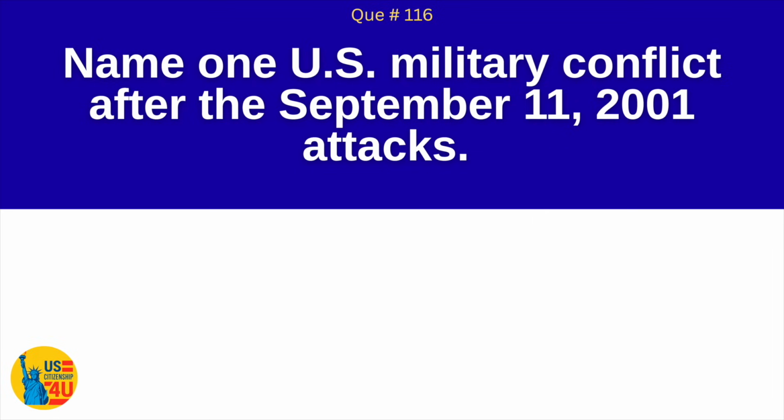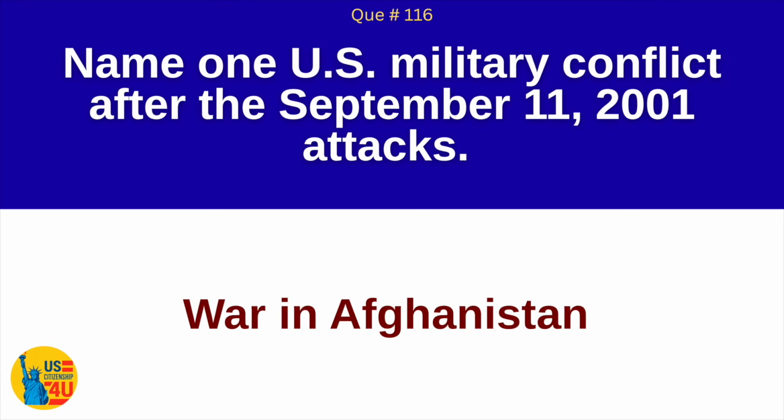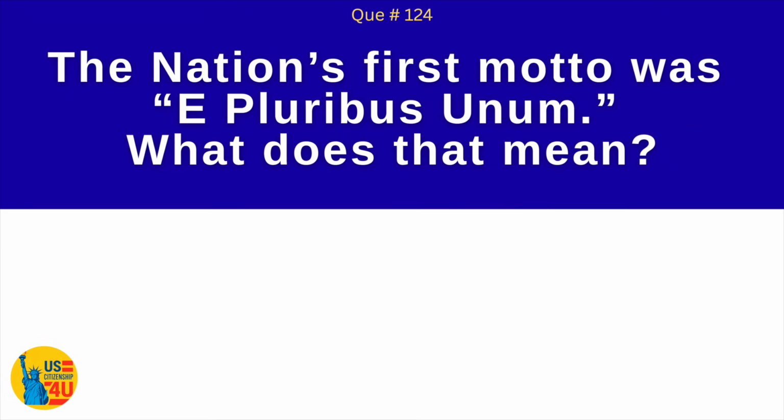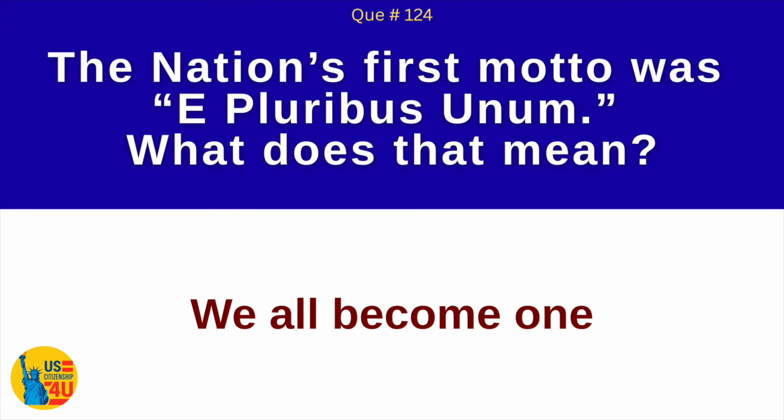Name one U.S. military conflict after the September 11, 2001 attacks. War in Afghanistan. The nation's first motto was, E pluribus unum. What does that mean? We all become one.